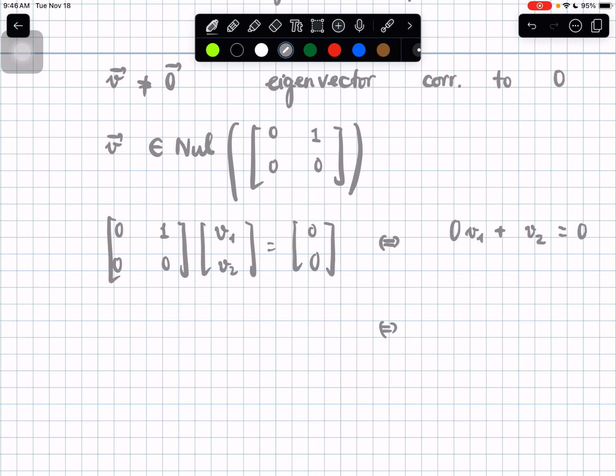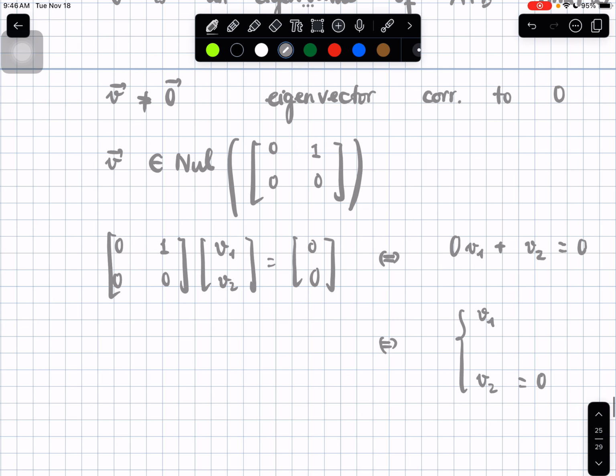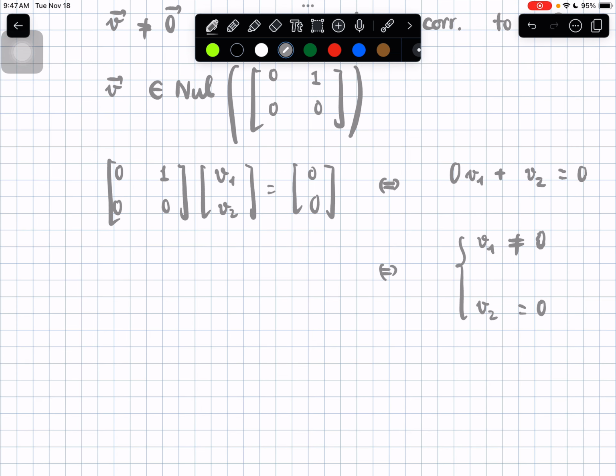So we know that V2 is 0 and V1 is free. However, we want eigenvectors, so they have to be non-trivial. V1 can be anything but not 0.